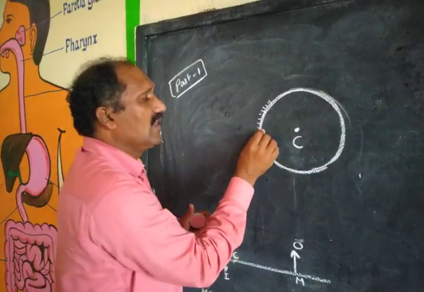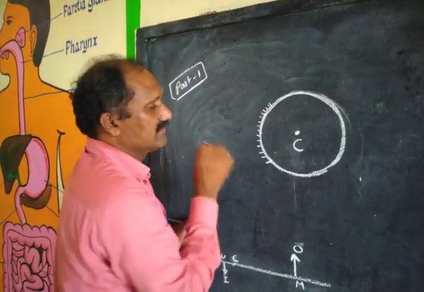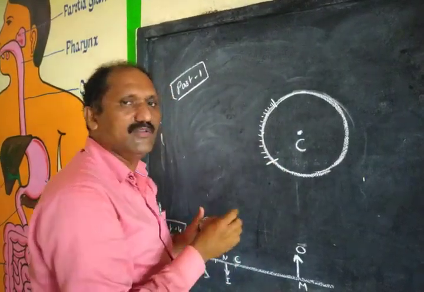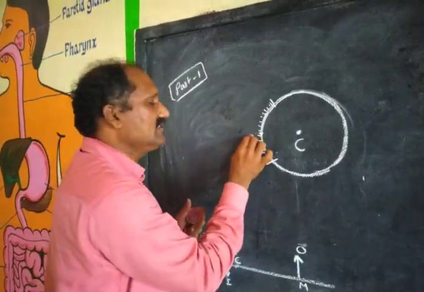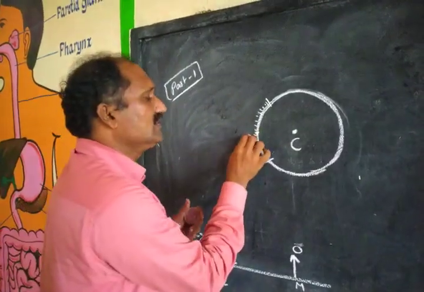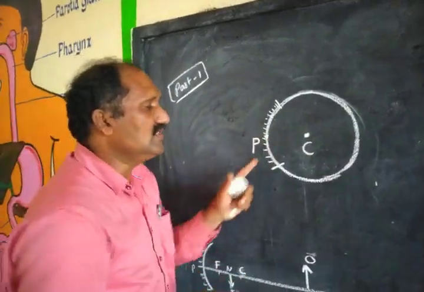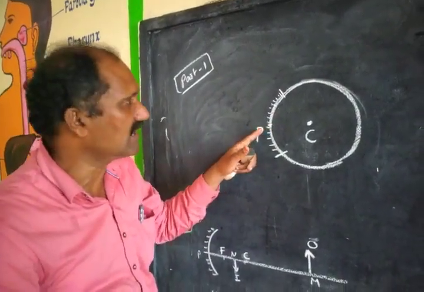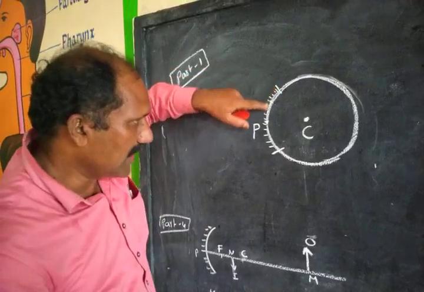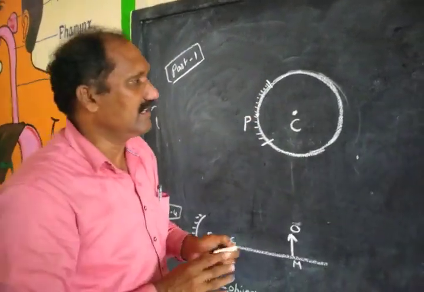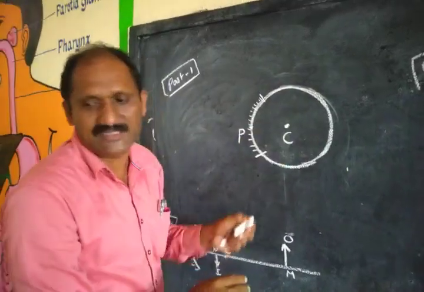Now the optical center of the portion which is taken as the concave mirror is called its pole. This pole means the visual or optical center of the concave mirror.